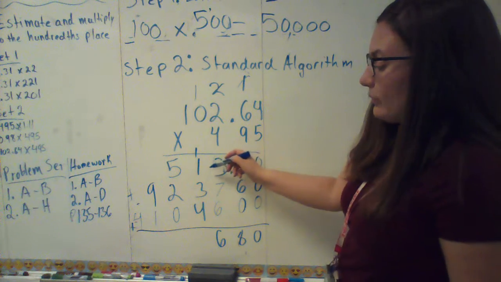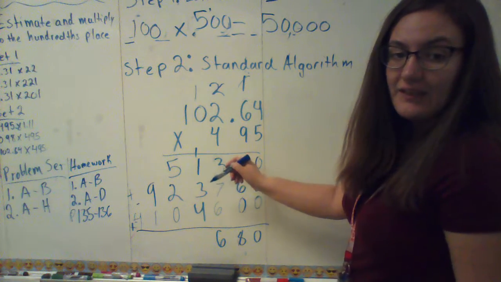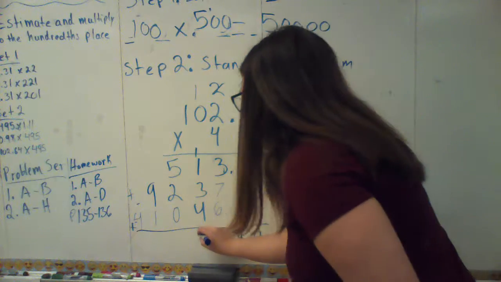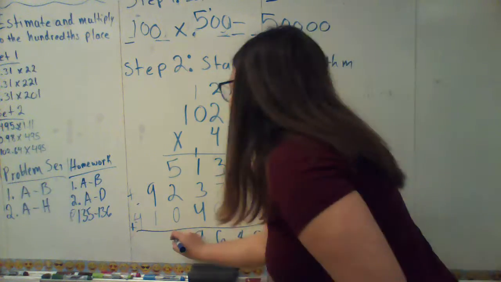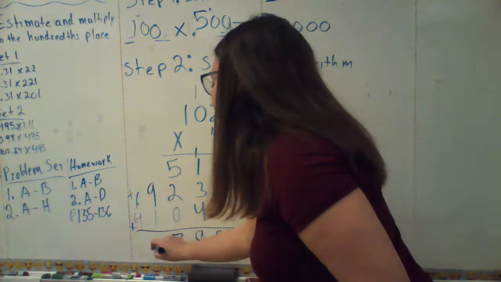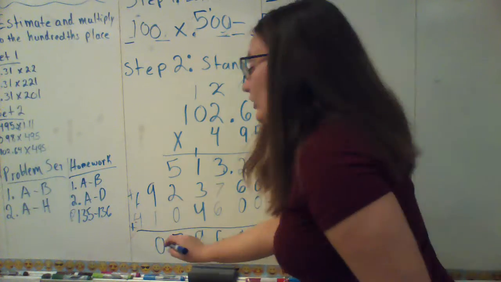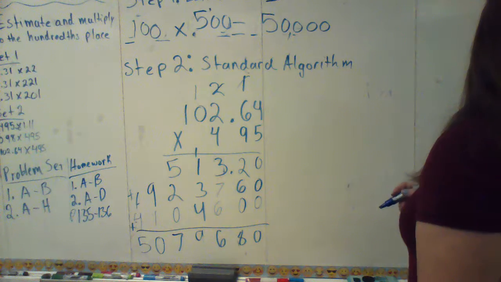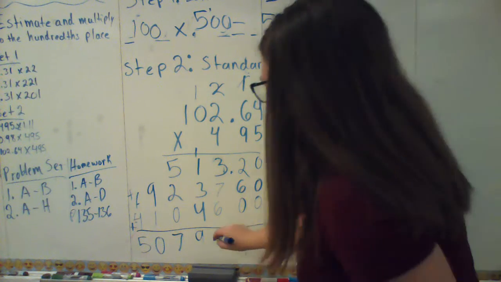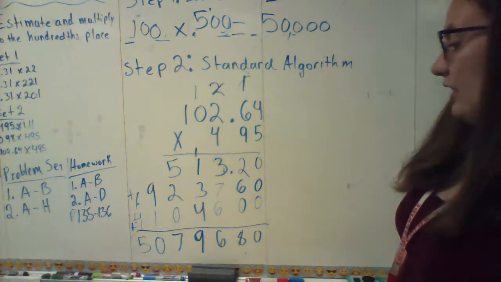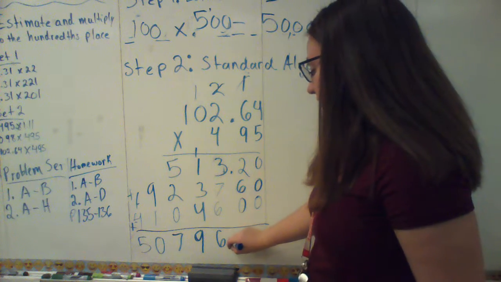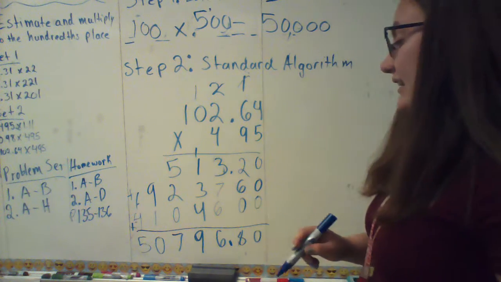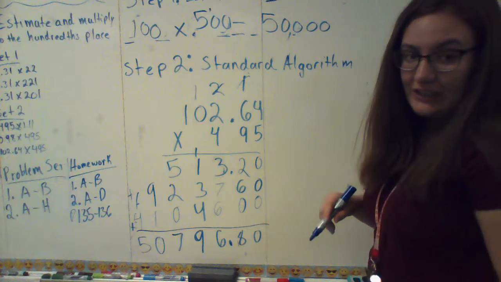Then I have 1 plus 1 is 2. 2 plus 3 is 5. 5 plus 4 is 9. 5 plus 2 is 7. 9 plus 1 is 10. And 1 plus 4 is 5. So it looks like I have a ton of numbers right here, but I need to figure out where my decimal goes, so I bring that straight down, and then I have my answer.